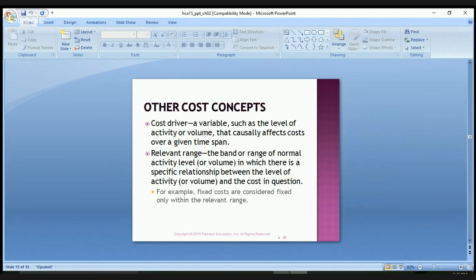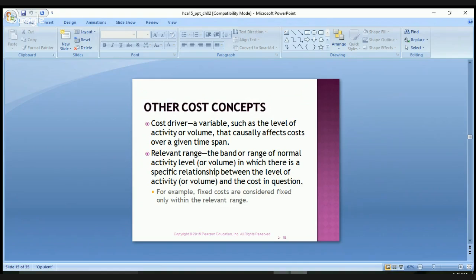Does everybody understand that? So one truck is 120, two trucks is 240. Below 120,000 miles you have too many trucks, and over 240,000 miles you do not have enough trucks.